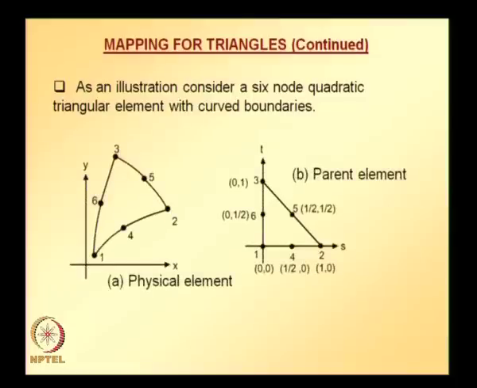The physical element, which is the same as the actual element with curved boundaries, is shown on the left hand side, and the parent element is shown on the right hand side, and all the coordinates are indicated for the parent element. The intermediate nodes are located at the midpoint of each of the sides.